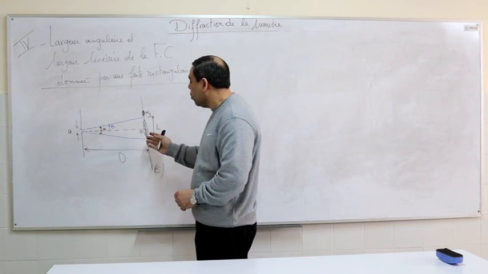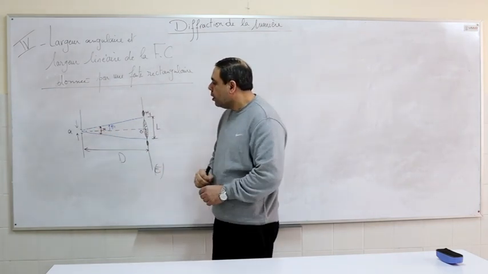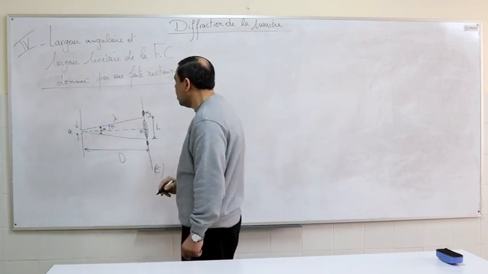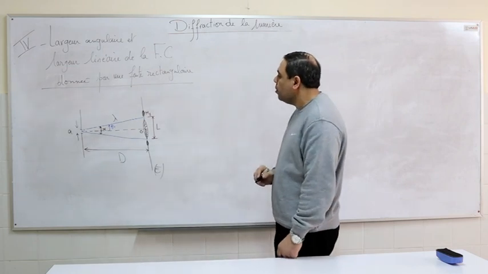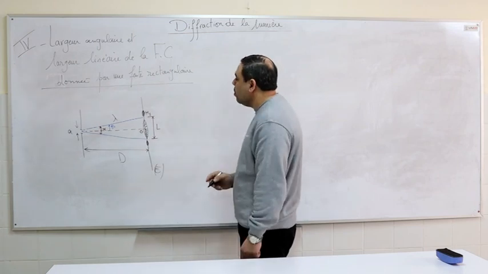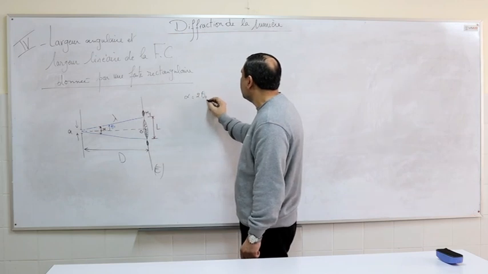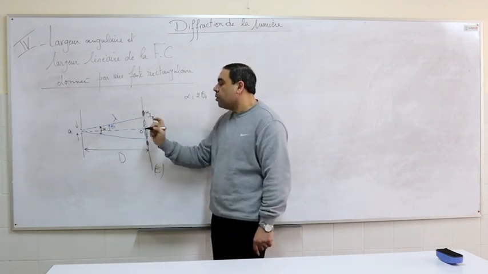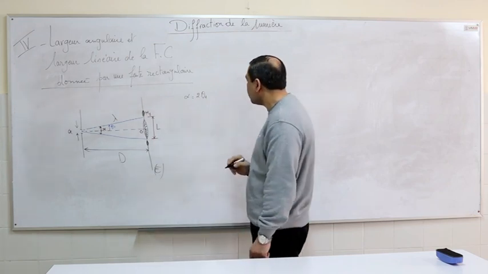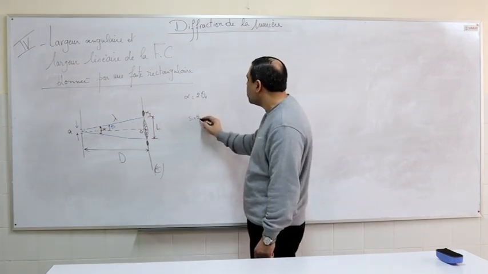This is the diffraction figure given by a rectangular slit. The screen E is at a distance D from the slit, and let's designate by lambda the wavelength of light. The angular width, like the previous problem, is alpha. So to determine alpha, we use the relation that alpha is always double the angular abscissa of the first dark fringe.